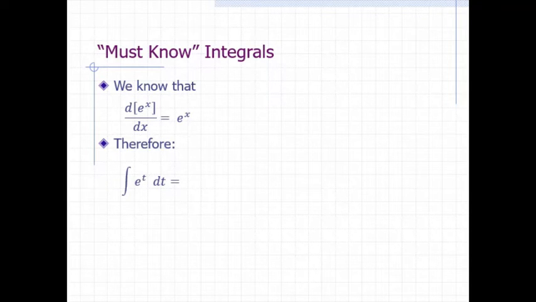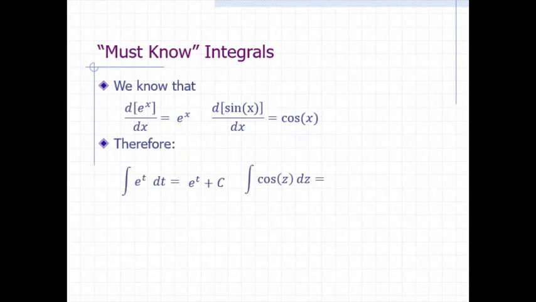We know that the derivative of e to the x with respect to x is also e to the x. Therefore, what is the integral of e to the t dt? That would be e to the t plus c. We also know that the derivative of sine x with respect to x is cosine of x. Therefore, what is the integral of cosine z dz?